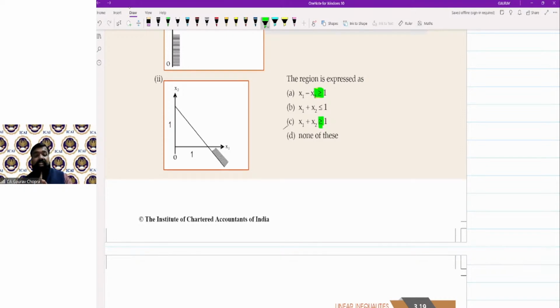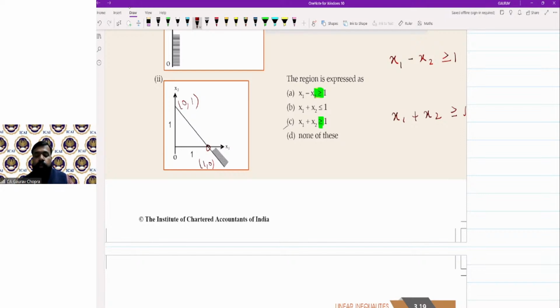Now, which greater than will be correct? The first one says x1 minus x2 should be greater than 1 and other one is x1 plus x2 greater than equal to 1. So if you see the coordinates clearly, the coordinates are 1, 0 and 0, 1. So according to this inequality, which will be correct? Clearly option number 2 will be correct.